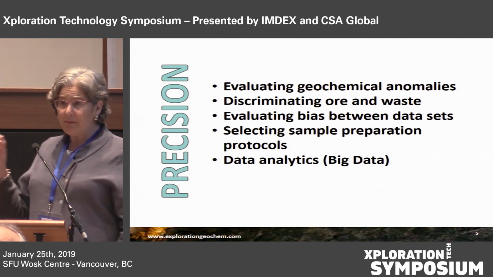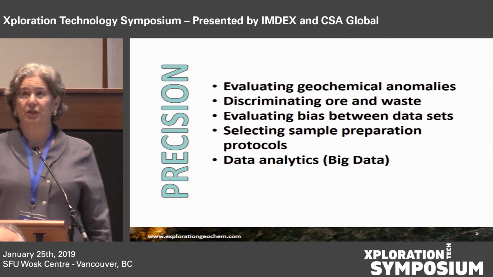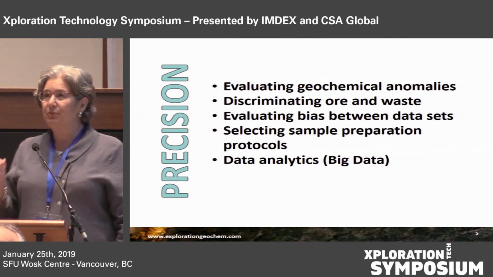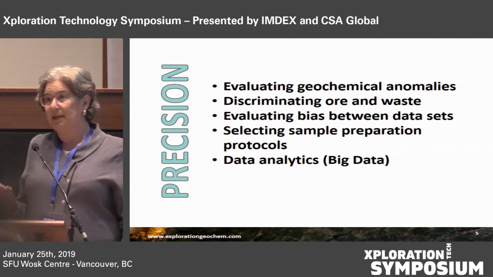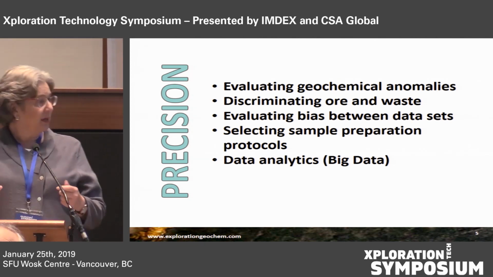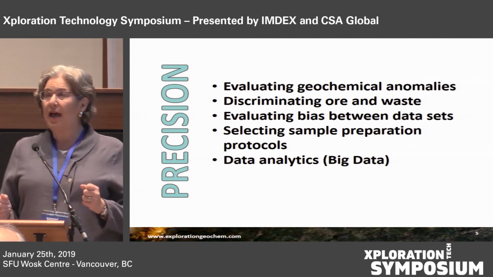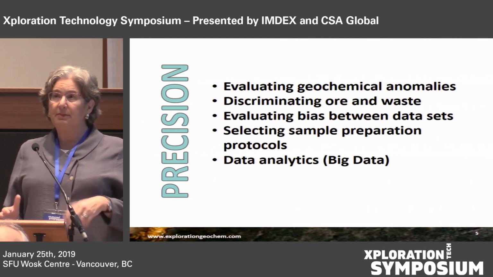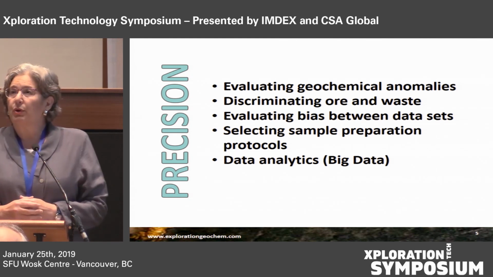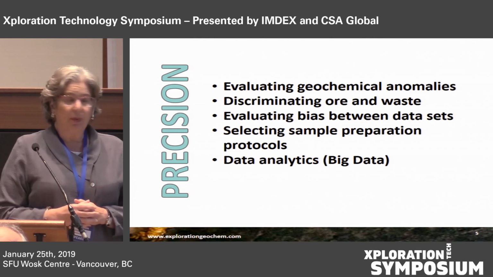Now, maybe we're still having a bit more trouble with precision, because precision really is more complicated. It does impact all kinds of decision making we have, whether it's evaluating geochem anomalies, discriminating ore and waste, or evaluating bias.